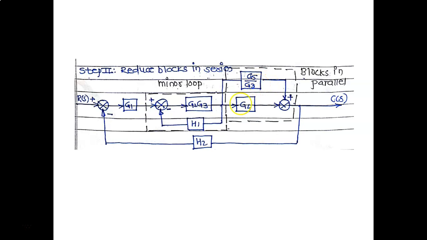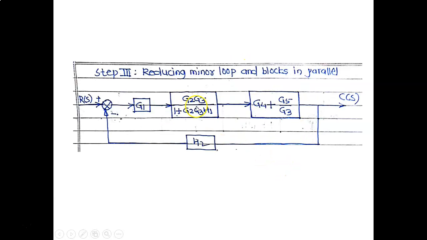Now this G5 upon G3 and G4, these two blocks are in parallel, and this G2 G3, this summing point and this H1, they are forming a minor feedback loop. Solving this minor feedback loop and blocks in parallel, we have the next step, that is G2 G3 divided by 1 plus G2 G3 H1 and G4 plus G5 divided by G3.